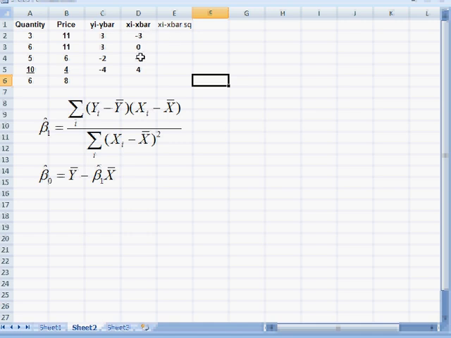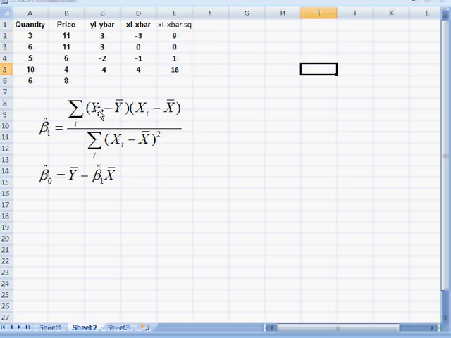And each of these numbers squared. We're going to need that in the bottom of the formula here, so I'm going to go ahead and square those previous numbers, the xi minus x bars, so equals D2 squared. Now this wouldn't be too hard to just do on a calculator or do in your head for the most part, since these are simple numbers.